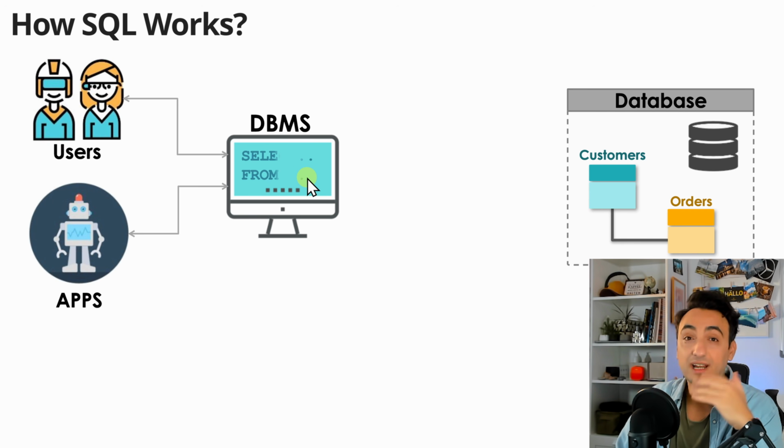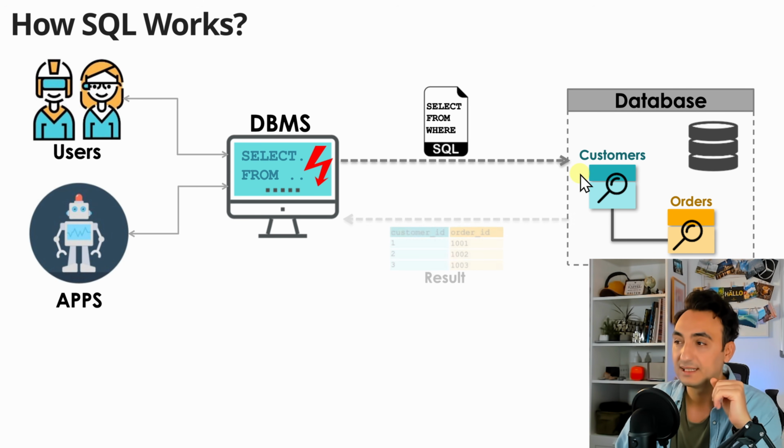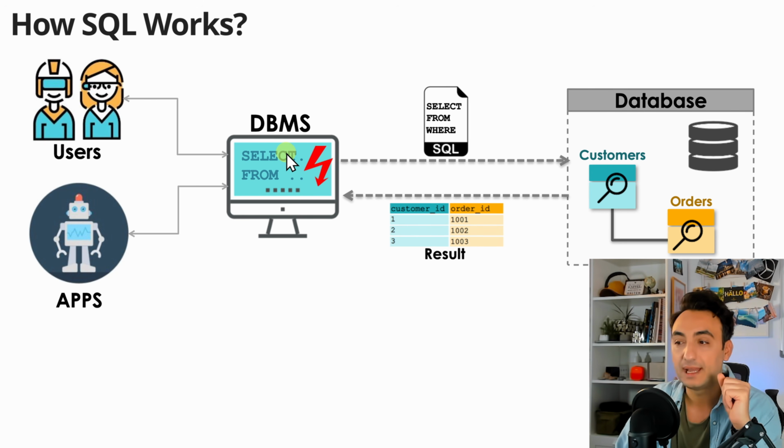After that, you start writing some SQL statements, some instructions, and then hit the execute button. The DBMS will process it and send it to the database. Once the database gets such a query, it starts performing some operations or searching for the data that you asked for. Once it's ready, the database will answer the DBMS with the result that you wanted.